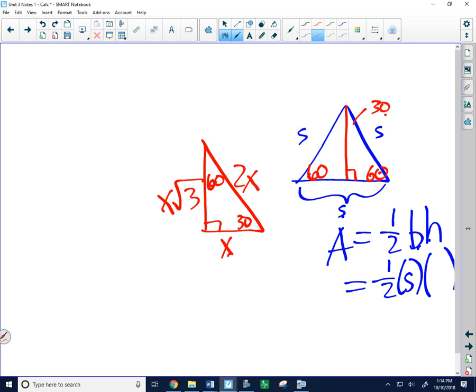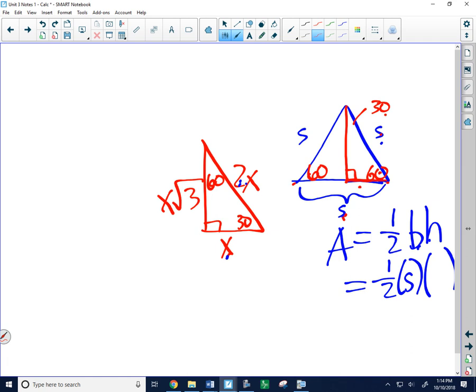All right, so basically this. This is S. This one down here is going to be half of this hypotenuse length. So right here, this one is going to be half of S. And that makes sense. We kind of cut this in half anyway.